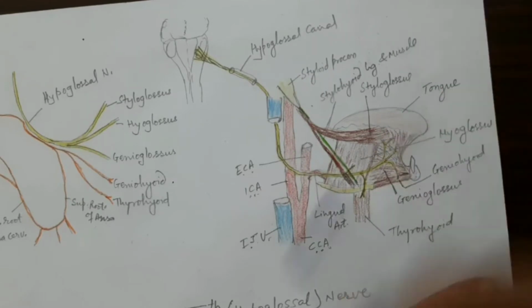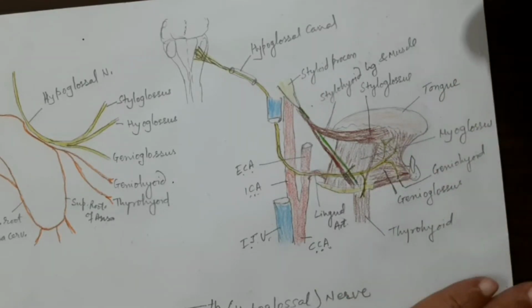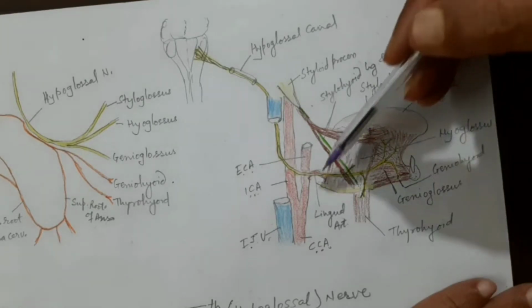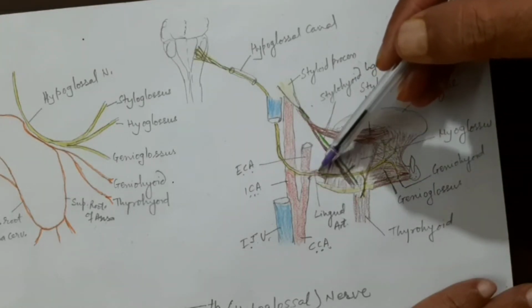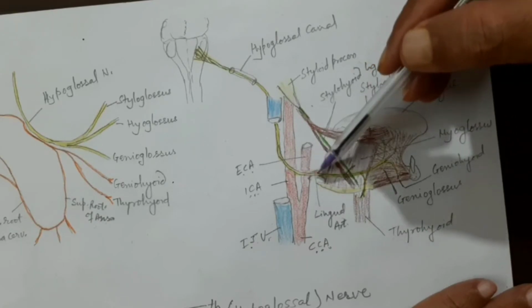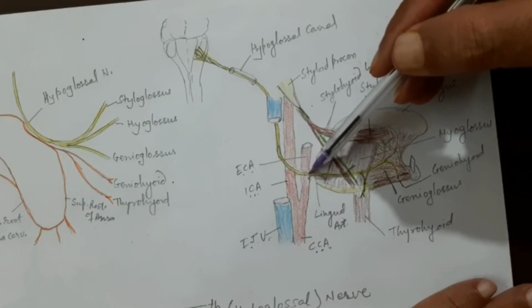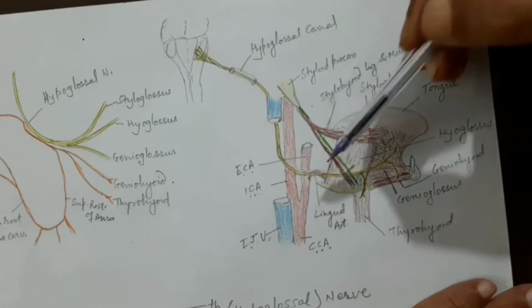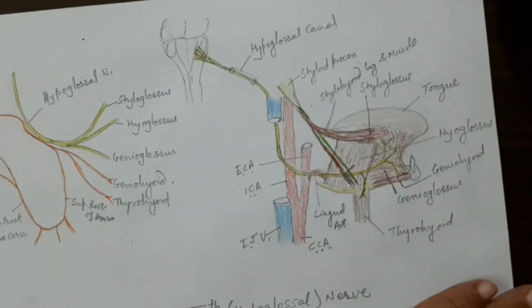It will cross both the internal and external carotid arteries, and then the loop of the lingual artery. See this, which is arising from the external carotid, it forms a loop, and this loop will also be crossed by the hypoglossal nerve.